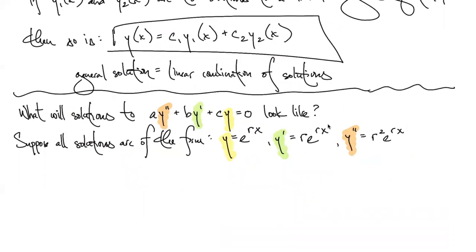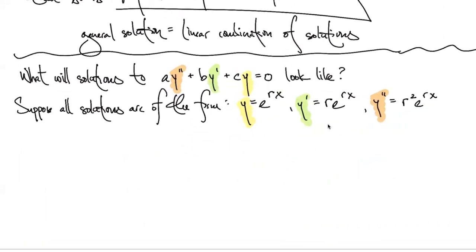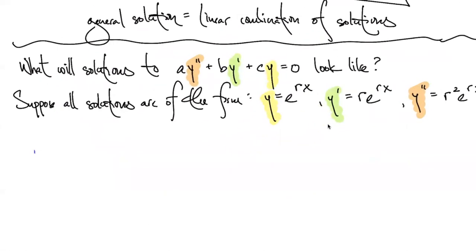We're going to throw those into the equation and see what we get: a r squared e to the rx plus b r e to the rx plus c e to the rx. And we hope that equals 0.